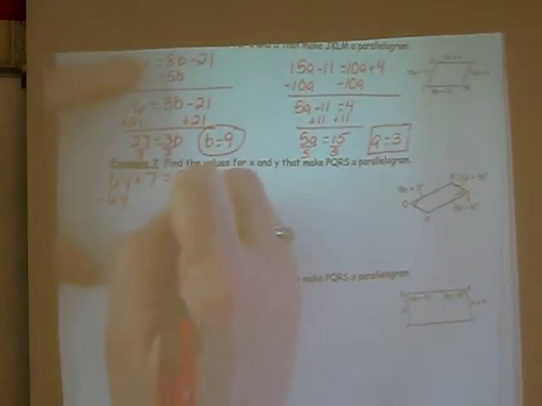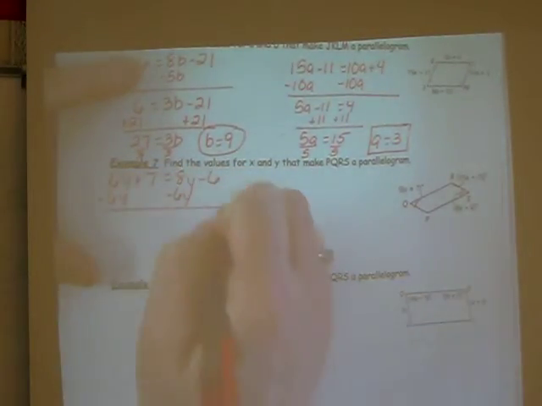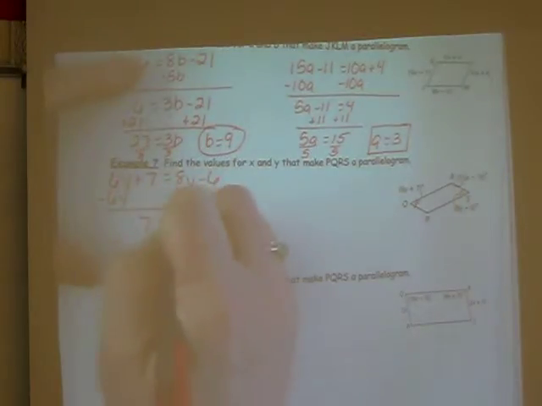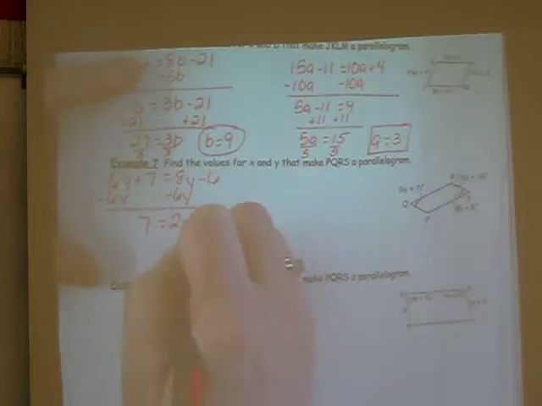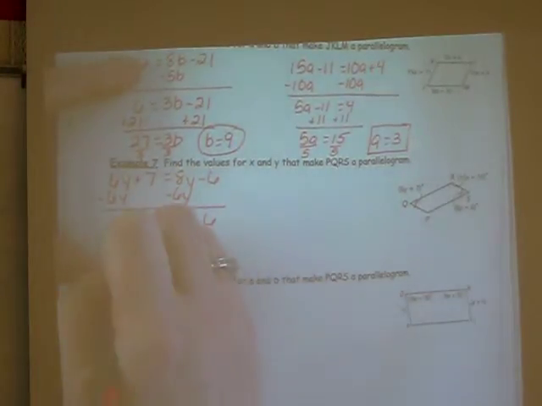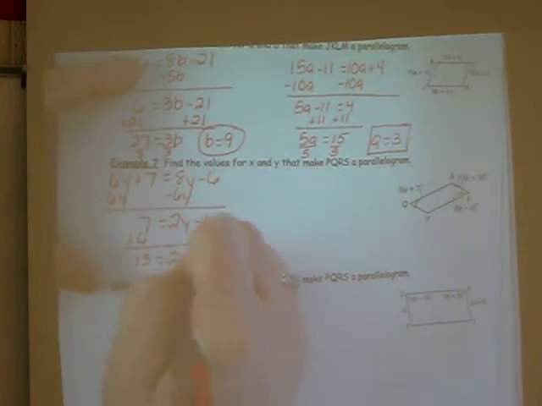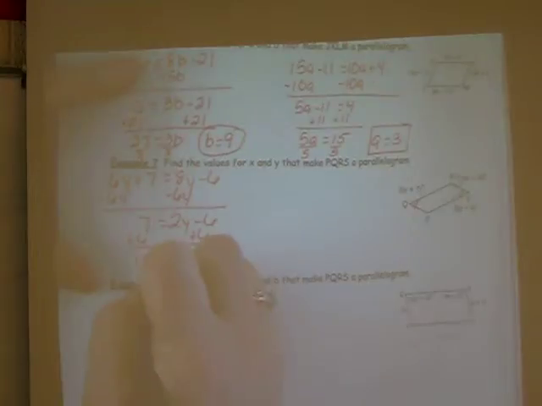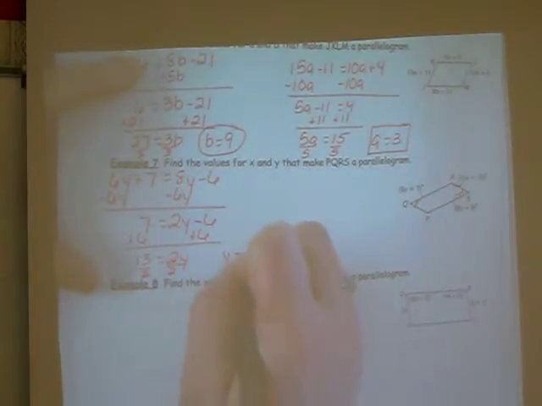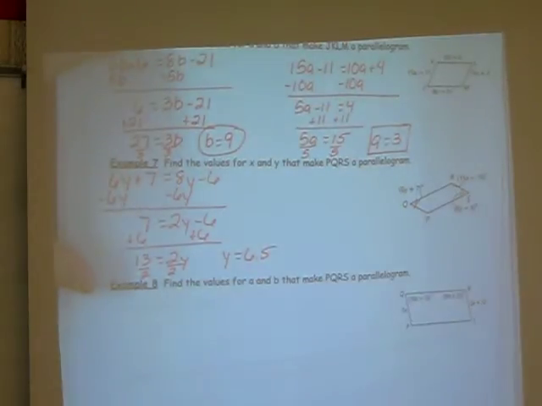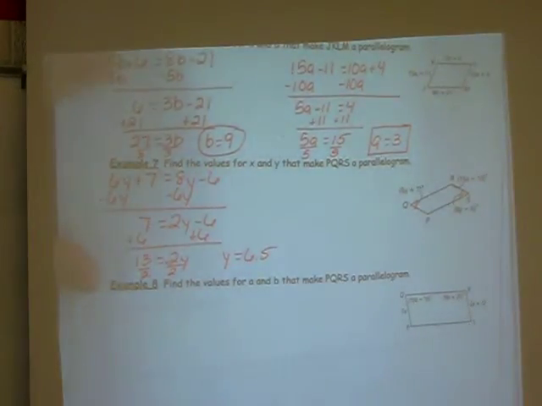We subtract 6y from both sides, and we have 7 equals 2y minus 6. When we add 6 to both sides, we have 13 equals 2y. Dividing both sides by 2, you are left with y equals 6.5.